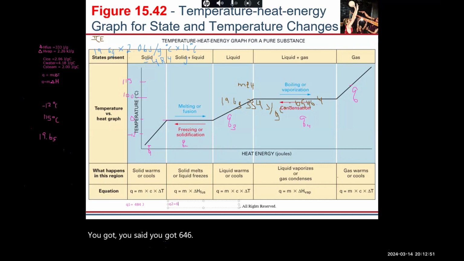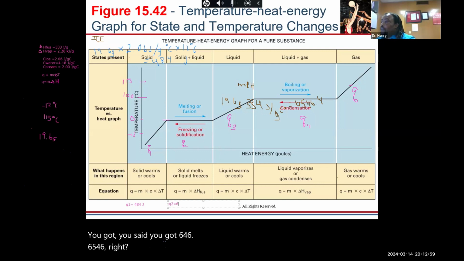Or 6.8, but I just left the 0.8 out. 6,546, right? No, that's not what I got.